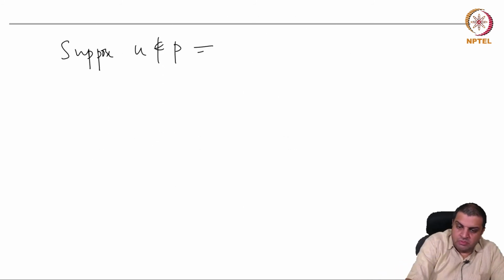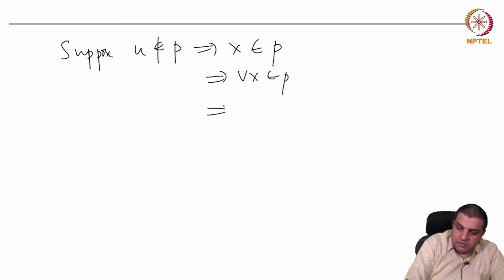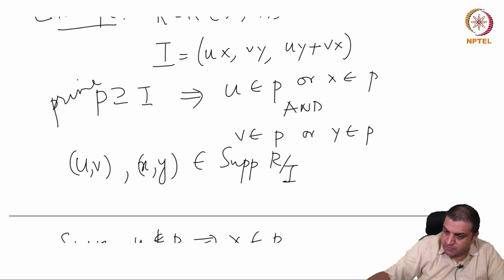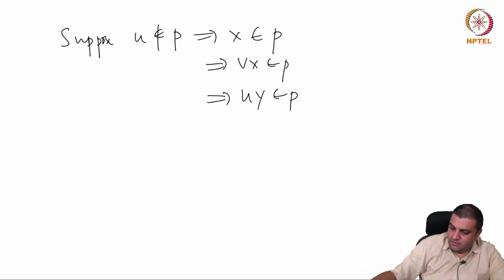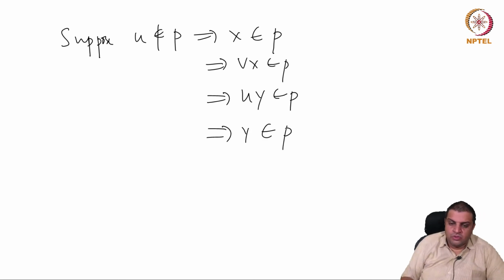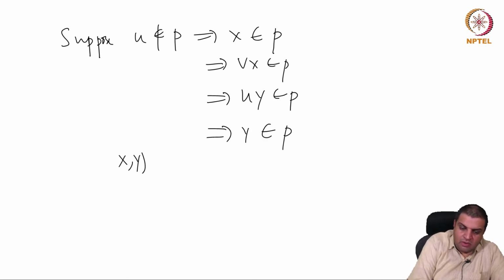So this implies that x is inside P. If x is inside P, then vx is inside P. This implies that uy is inside P. So what I'm saying here is that x inside P means the second term vx is inside P, which means that the first term is also inside P, but u is not there, so y is inside P. In other words, x comma y is a subset of P.